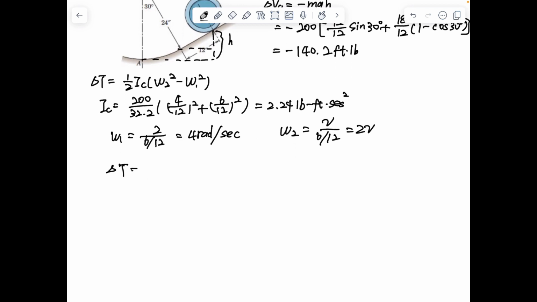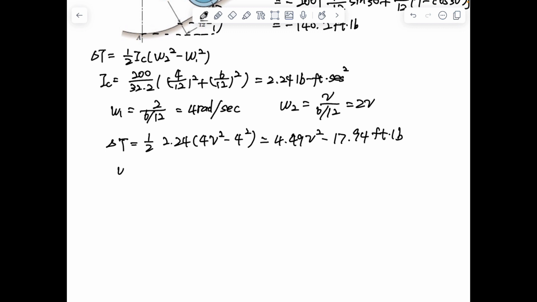Delta T is equal to 1 over 2 times 2.24 times (4V squared minus 4 squared). This is equal to 4.49 V squared minus 17.94 foot-pounds.